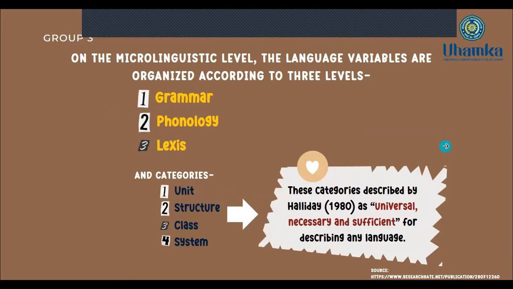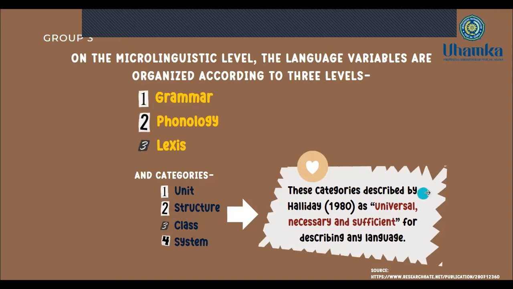Okay, next, this is the microlinguistic scale. It has 3 levels: the first is grammar, the second is phonology and lexis. And then there are categories in microlinguistics: the first is unit, the second is structure, class, and also system.